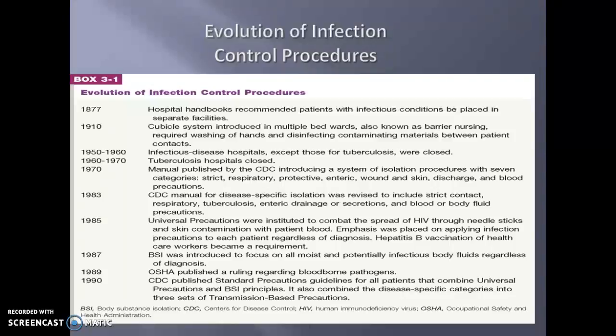I think the big key thing here is in 1985, universal precautions, or now what we call standard precautions, were implemented, and that was right in the beginning of the HIV and AIDS crisis in the mid-'80s, where they started to realize that all bodily fluids should be treated as if they were infectious.